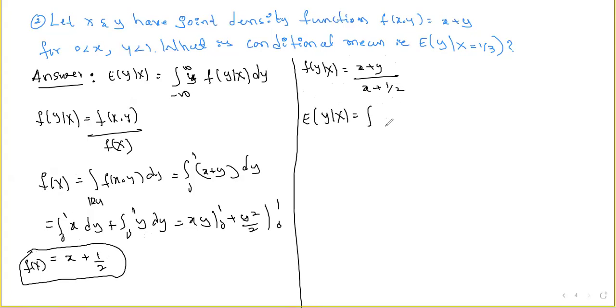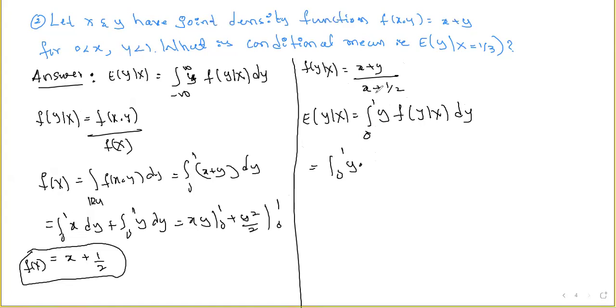This is nothing but integration of y f of y given x dy, but the range is about y only. Y is less than 1 and greater than 0. So 0 to 1, which is equal to 0 to 1, sorry, y into f of y given x.